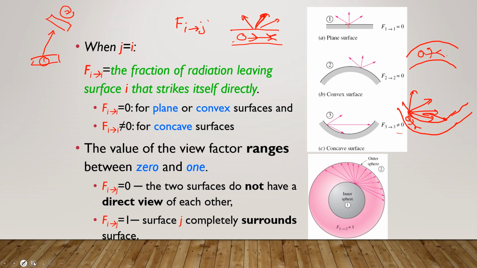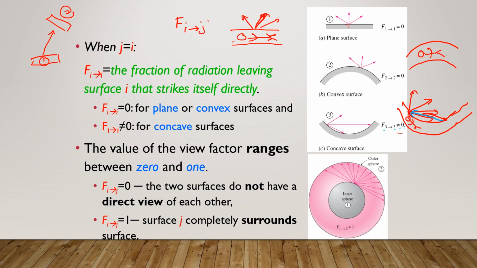Do you get what I mean? So let's say this is the radiation, it emits energy, and it will strike back to surface 3. At this point, F3 to 3 is not equal to 0. So you have to calculate the value of that F3 to 3.